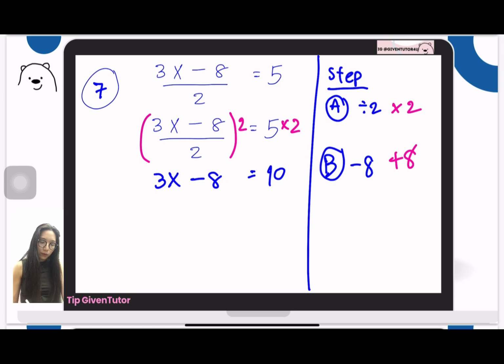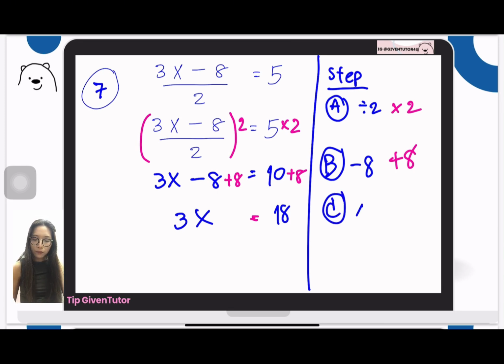So this is the one, the plus 8, and then plus 8. Okay, what you write down here is the 18, and then this is the 3x, right? So step C. Okay, this is the time 3. So it will be divide by 3. This one divide by 3. So what you got is x and then 6 as your answer.